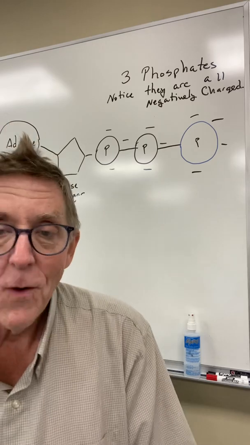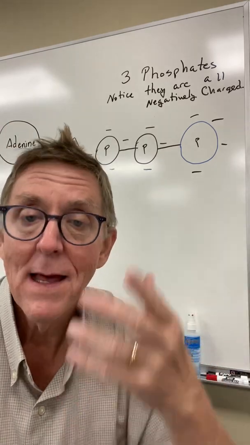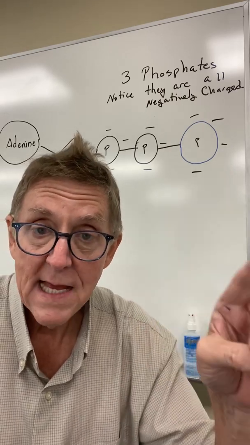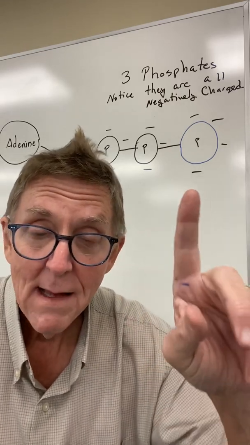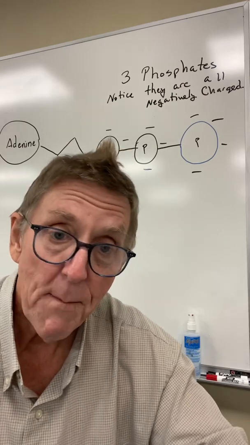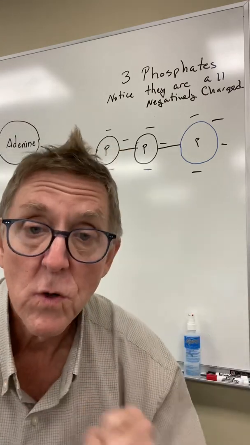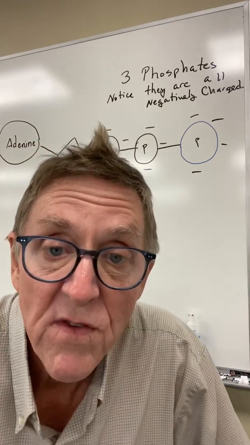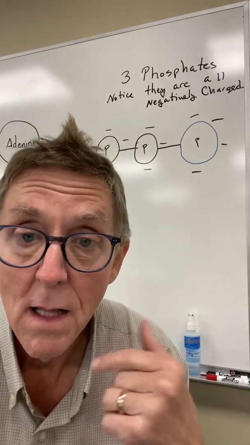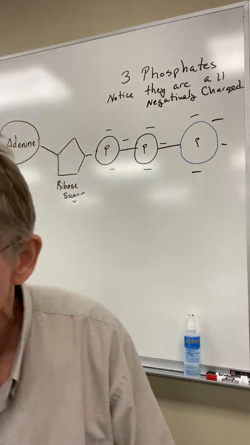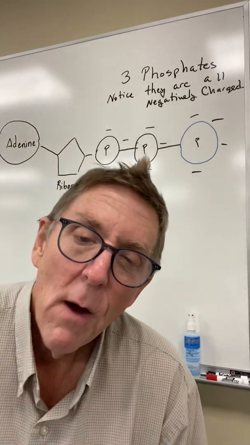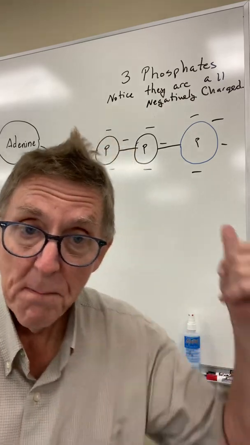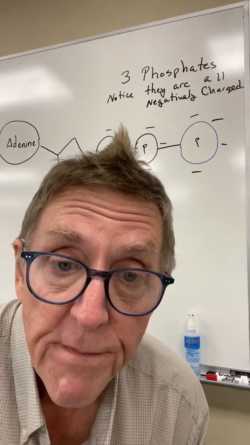So you have this constant cycling of ATP into ADP plus a phosphate, and then ADP plus a phosphate being used to create ATP, and this stuff is moving all over inside of your cells, allowing you to do work. Now, where do you get the energy to put that third phosphate on there?